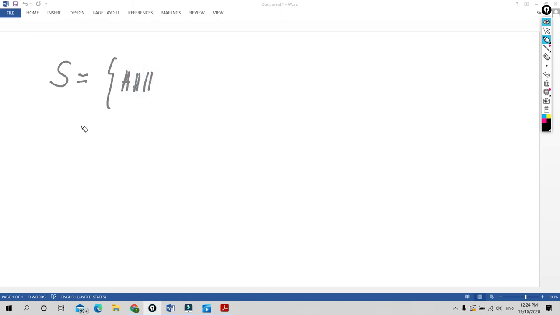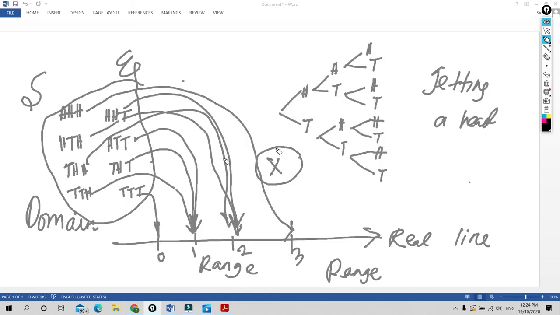Let me go back again. Okay, we just reverse back. I have here head. The sample space here is equal to head.